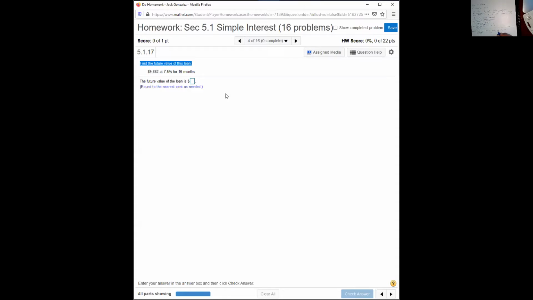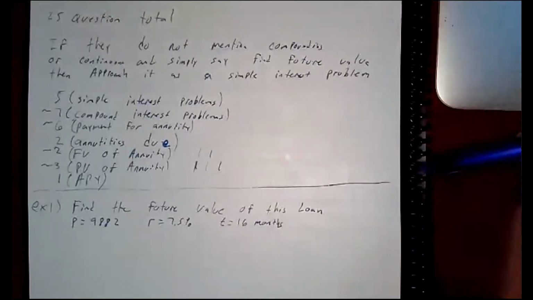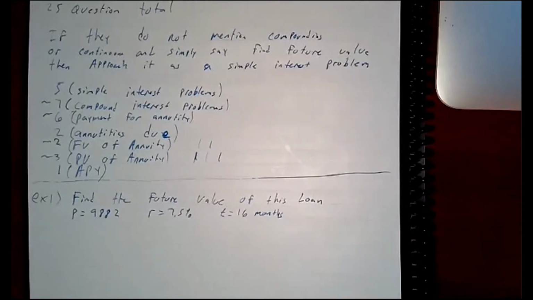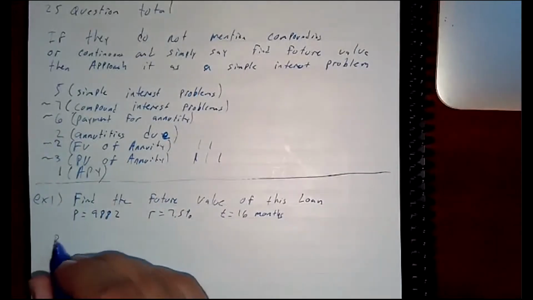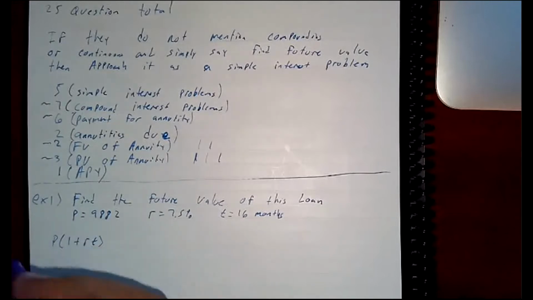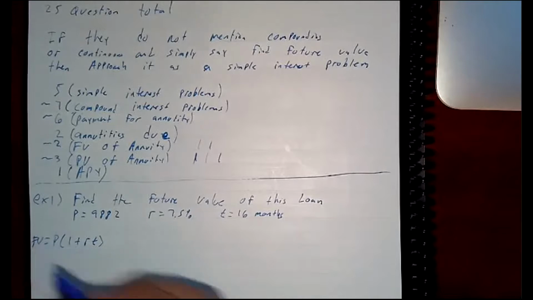Time is 16 months. That's what they said, right? Okay, so future value, right? We said is going to be P times 1 plus RT. This is the future value.